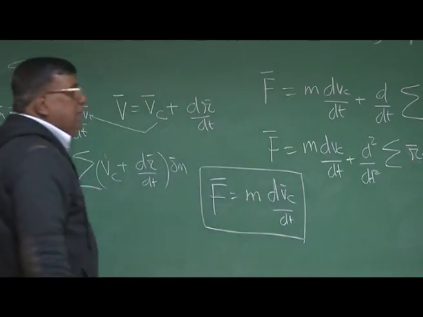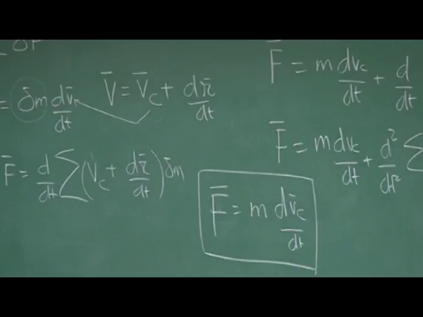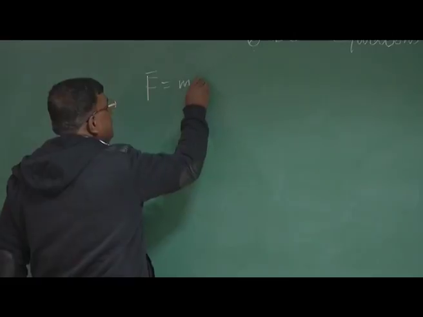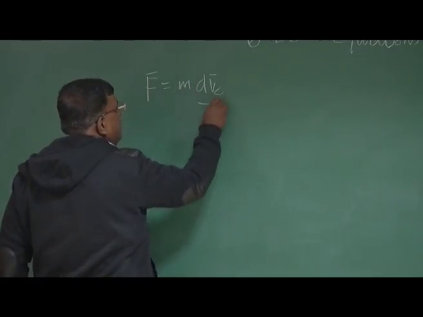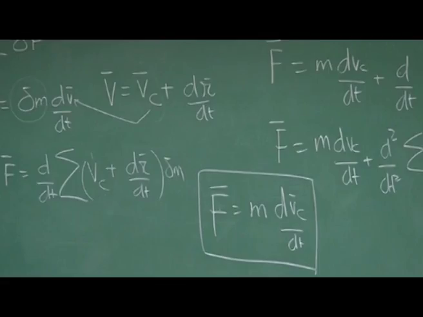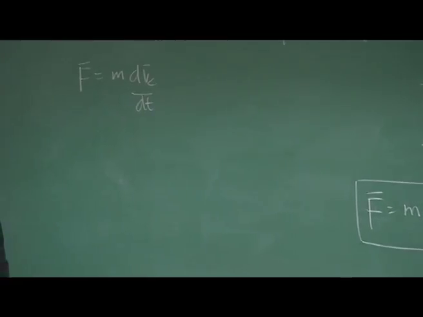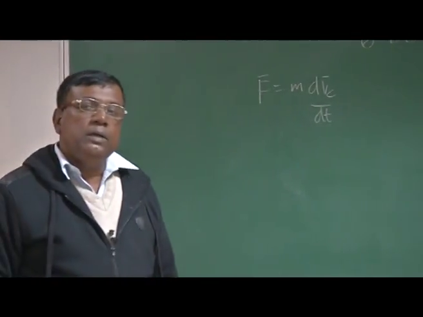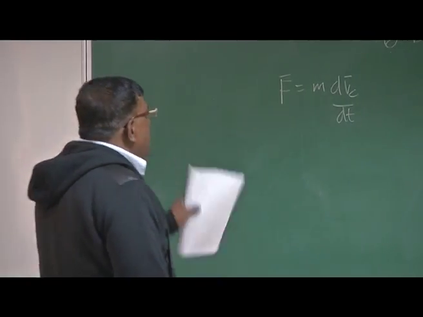What is the physical meaning of this? Try to understand that. F equal to m dVc by dt. Vc is the velocity of center of mass with respect to inertial frame. What is the meaning of this?